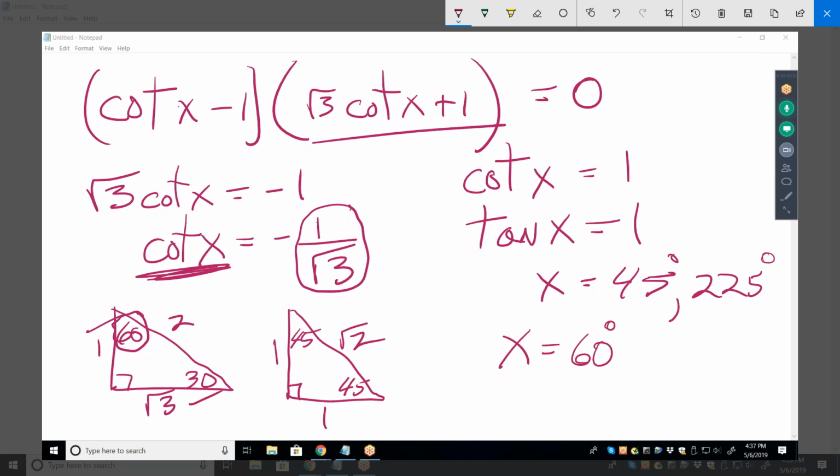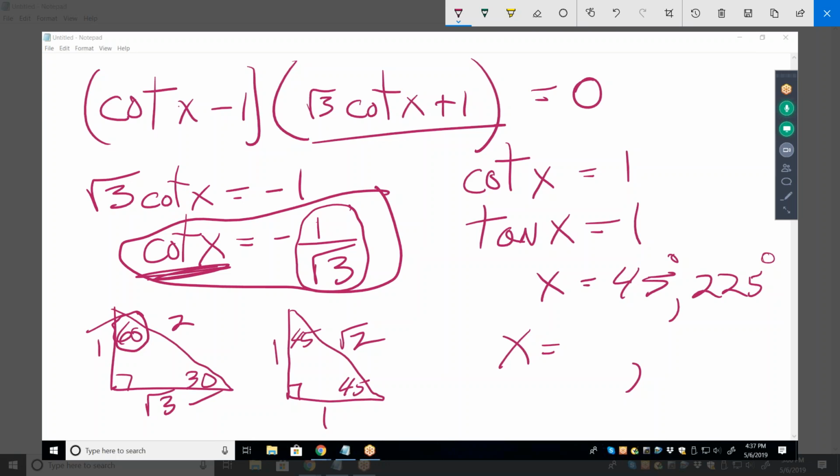And what is the other angle in the unit circle where the cotangent is equal to 1 over root 3? First of all, that's the equivalent first quadrant, but which two quadrants are we in? We've got a negative ratio. 2 and 4.